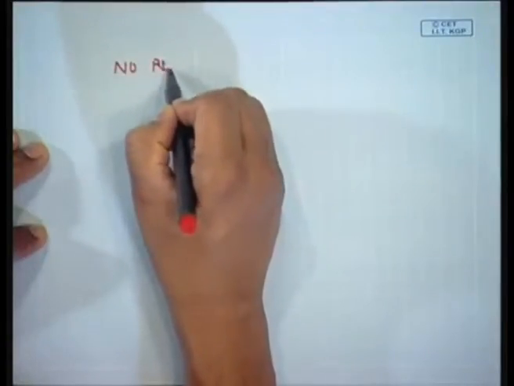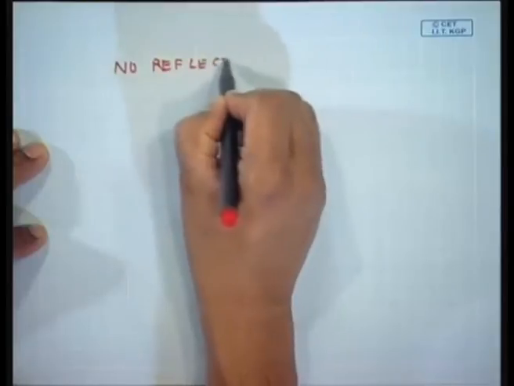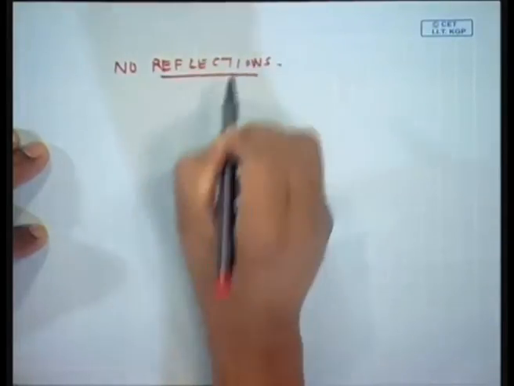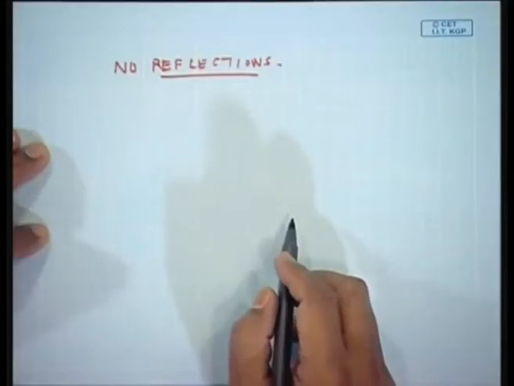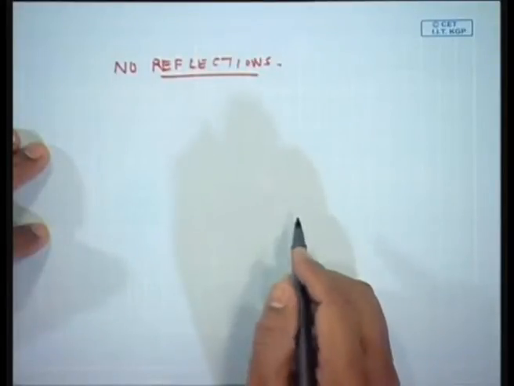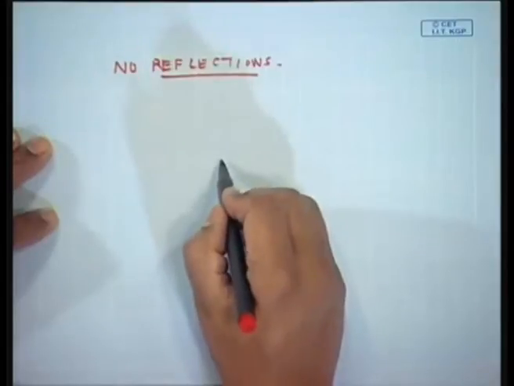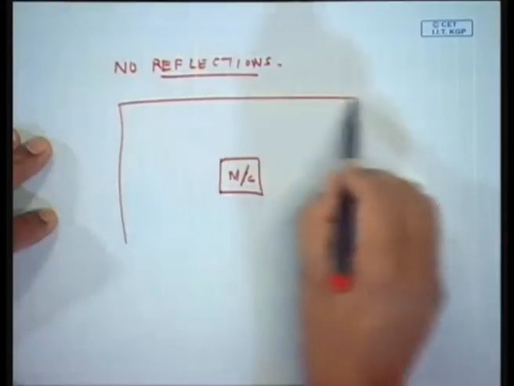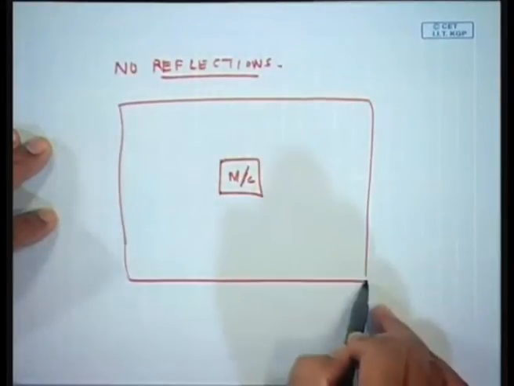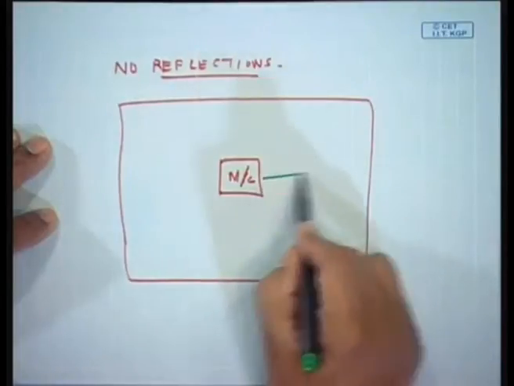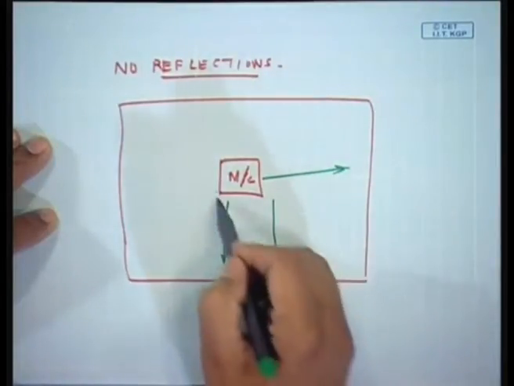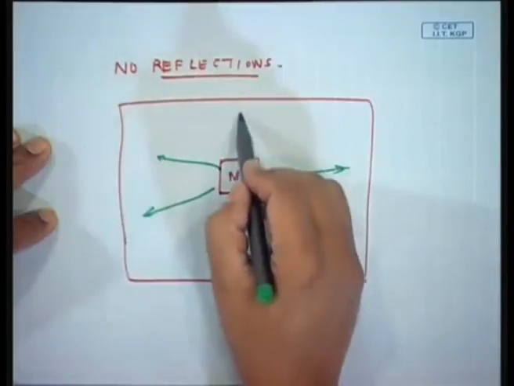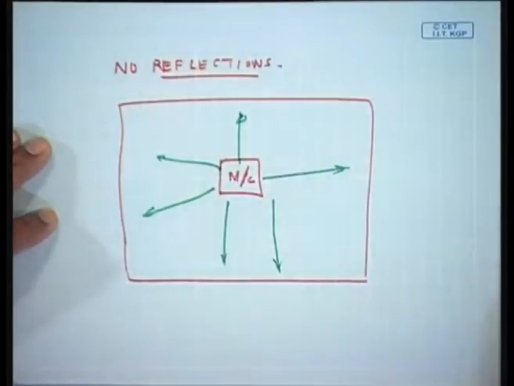Now, what do you mean by no reflections? So, how do you ensure that there are no reflections? We have to have certain boundary conditions. Suppose there is a room, and this was generating sound in every direction, we have to ensure that there are no reflections.